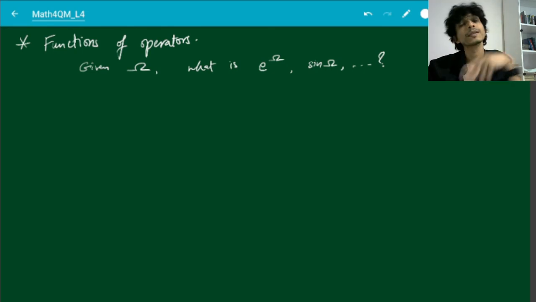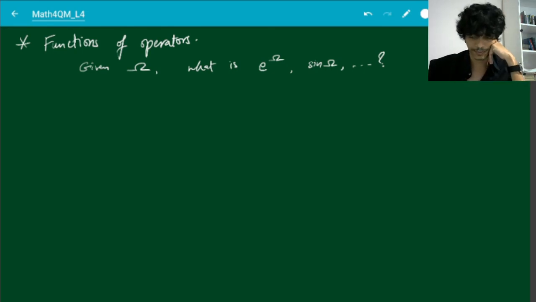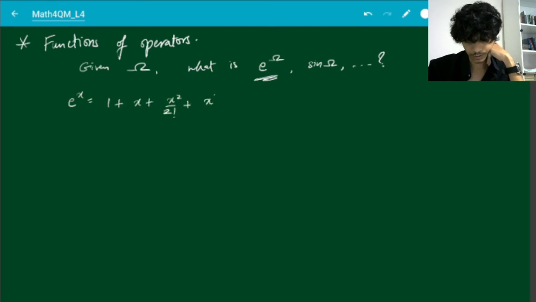So for that, we look at the Taylor series expansion. So for real numbers, we know that e to the power x, so I'm taking this exponential function as an example, but you can do the same thing for sine, cosine, any other function that you might have. E to the power x, we know the Taylor expansion is 1 plus x plus x square by 2 factorial plus x cubed by 3 factorial and so on.